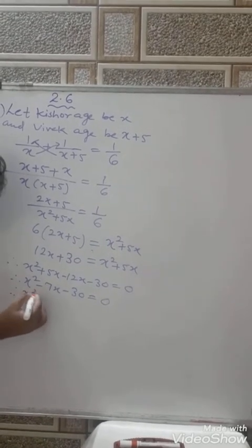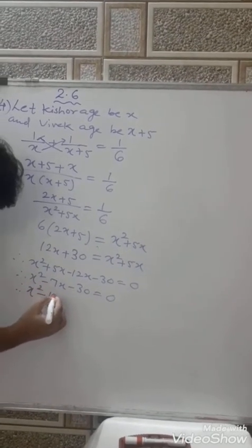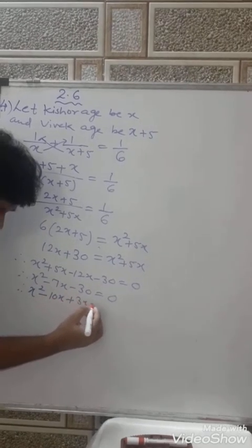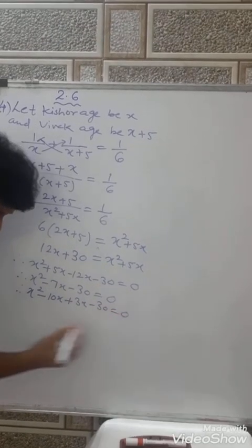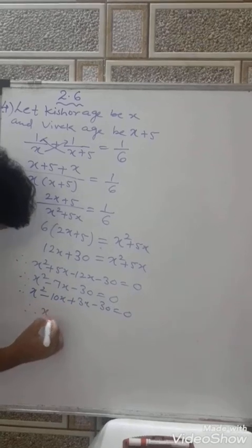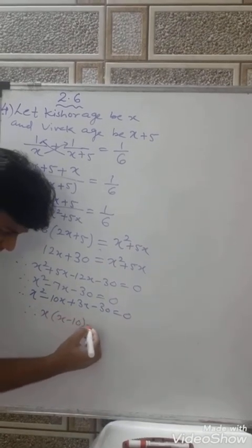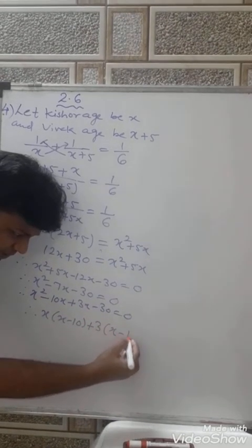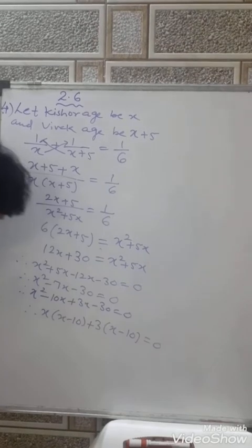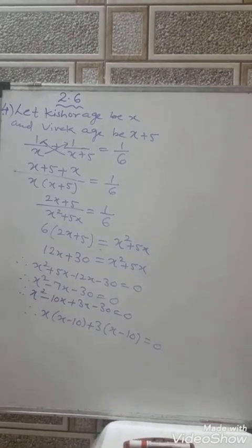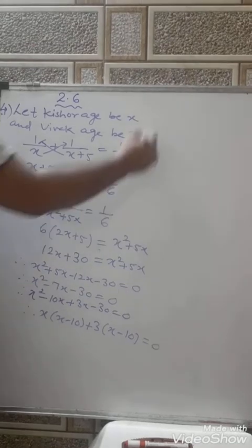So x square minus 10x plus 3x minus 30 equals 0. So x as a common factor, x minus 10, 3 as a common factor, x minus 10, that whole equals 0. So what you get in the end?